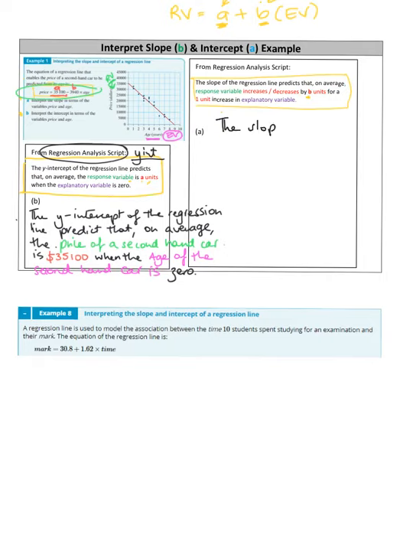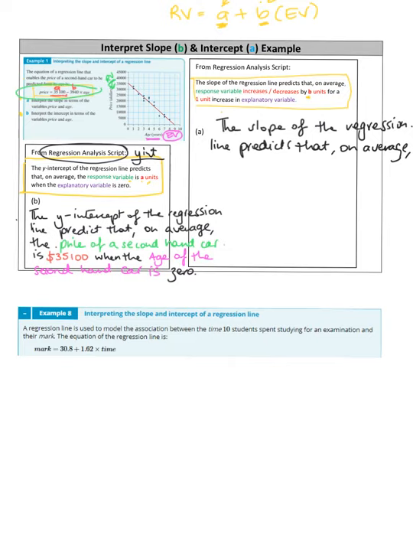The slope of the regression line predicts that on average, we say on average because we're saying that this is the general gist. We're not saying it's always going to happen, but generally speaking, it's going to follow this trend. So on average, now I need the response variable.